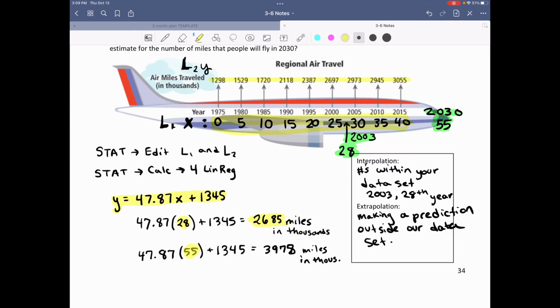So I plugged in 55 and I got 3,978 miles. So this one was within our data, so it's interpolation, and the 55 was outside of our data set, so it was way out here in 2030. So that would be extrapolation.